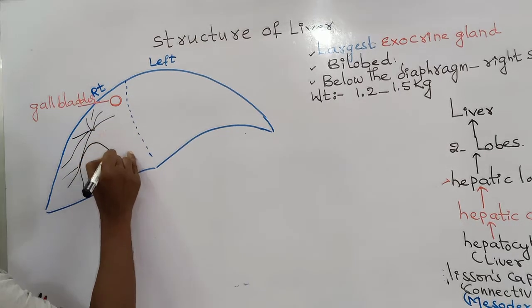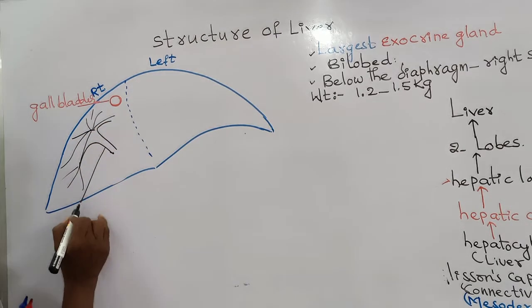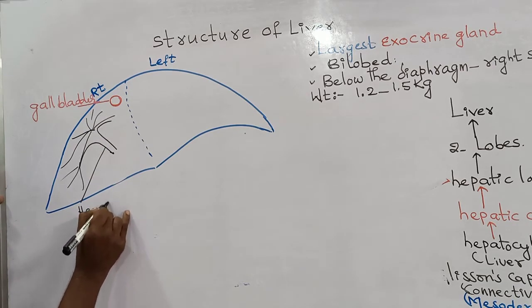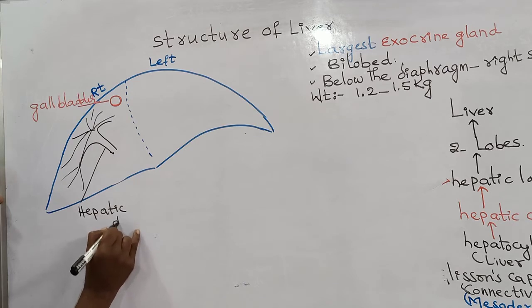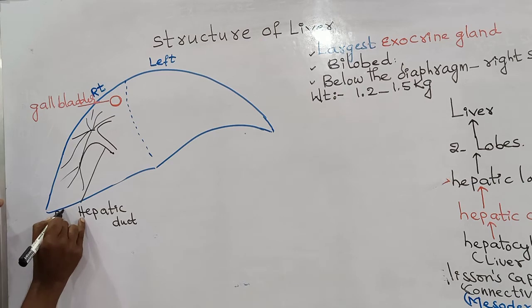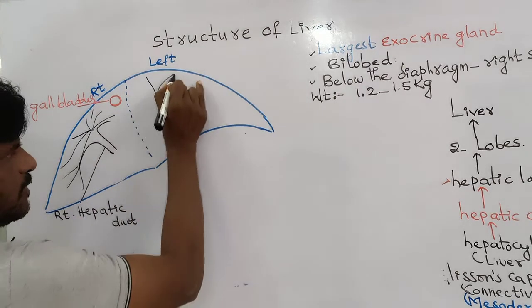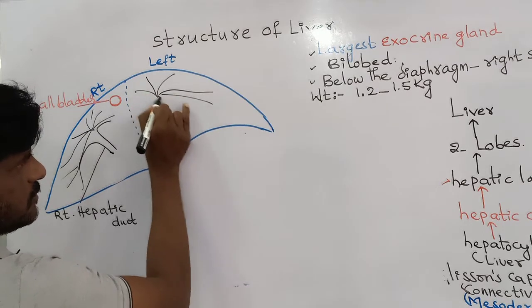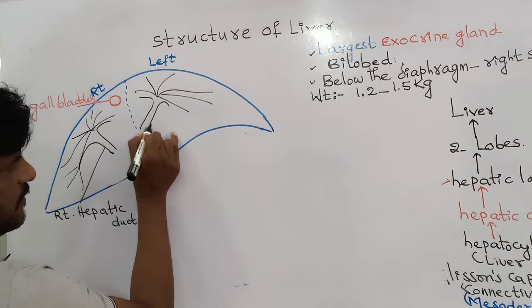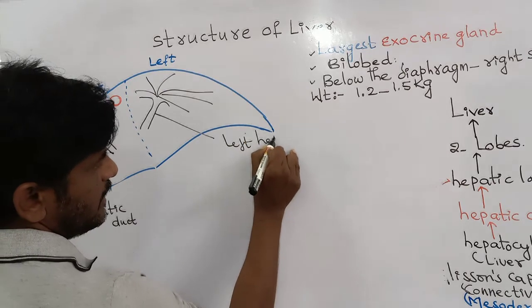Ultimately, the bile juice enters into a large vessel called the hepatic duct. As it is coming from the right lobe, it is called the right hepatic duct. And one more, from the many small tubules, another hepatic duct is formed, and this is called the left hepatic duct.